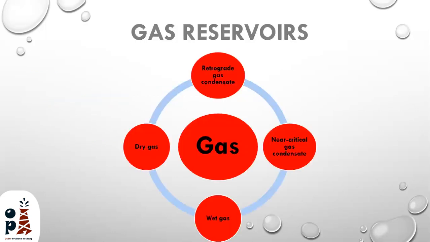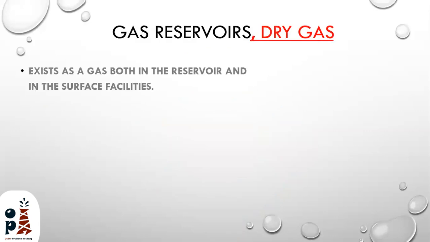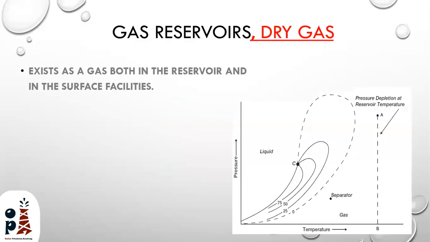For gas reservoirs, we know that we have four types: dry gas, wet gas, and the condensate reservoirs, representing retrograde gas condensate and near critical gas condensate. For the dry gas reservoir, the composition will stay in the gaseous state at the reservoir conditions, the reservoir pressure and temperature, and also at the surface it will stay in the gaseous state.